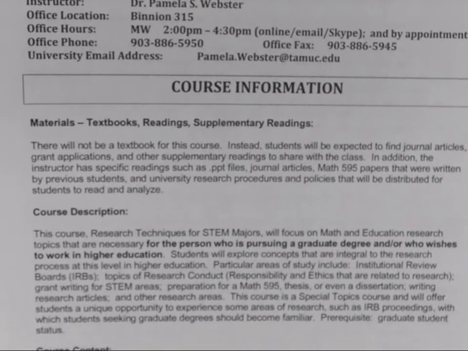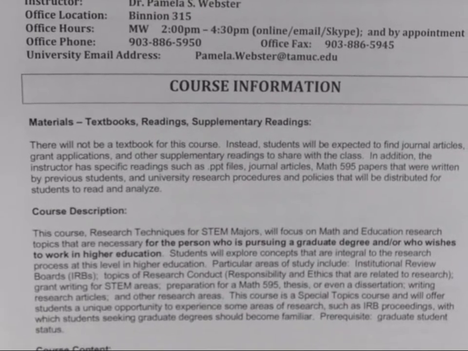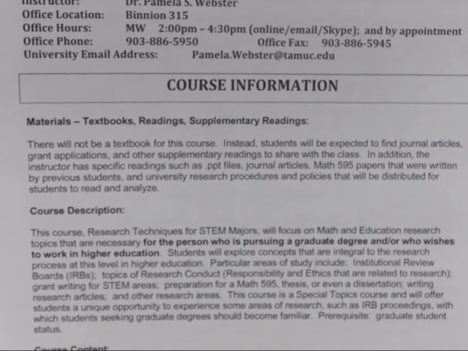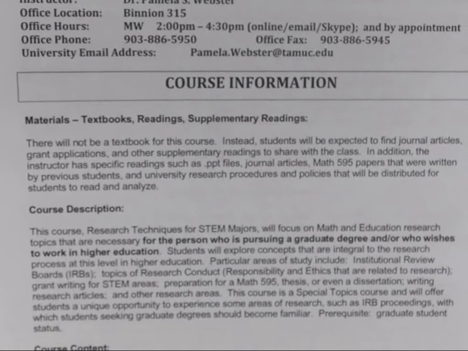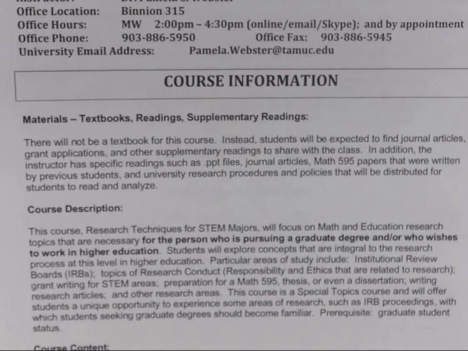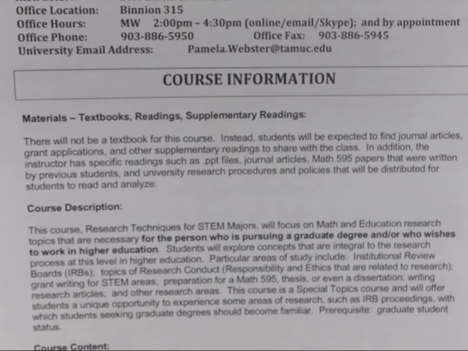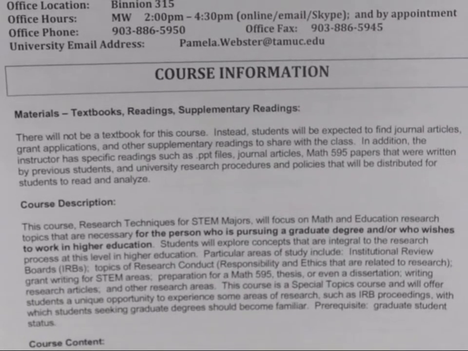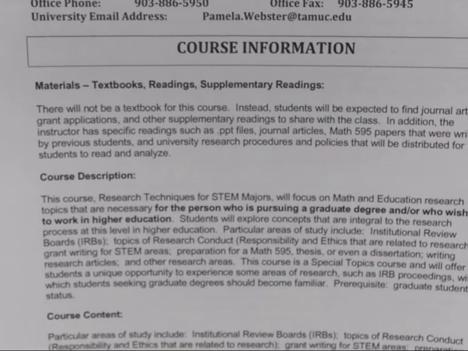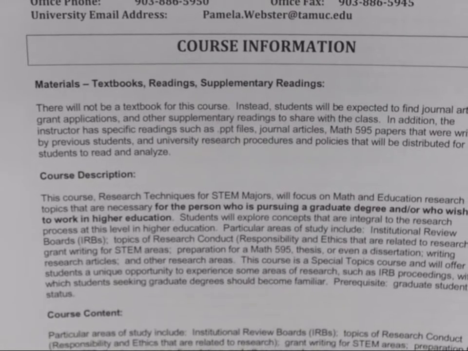The course is generally designed for somebody who wants to either work in higher education, or they're just finishing up their master's degree or something like that and need a little help with their thesis paper. So I'll work through all kinds of things with you, like IRB processes and human subjects research, things to that effect. So we'll talk about ethics.